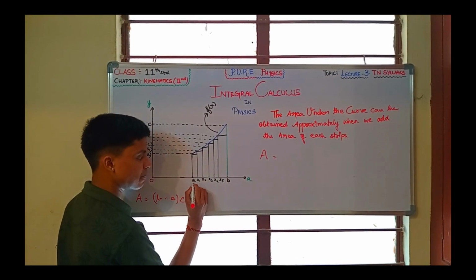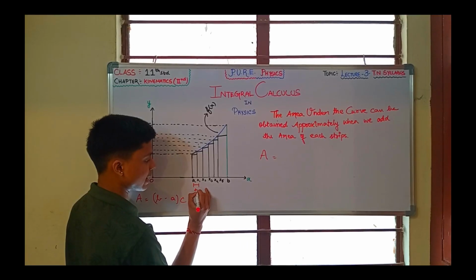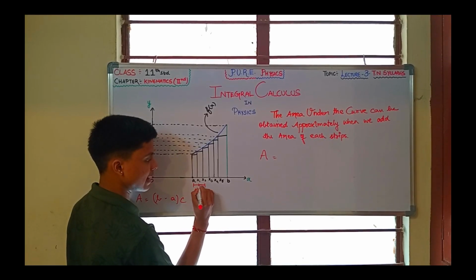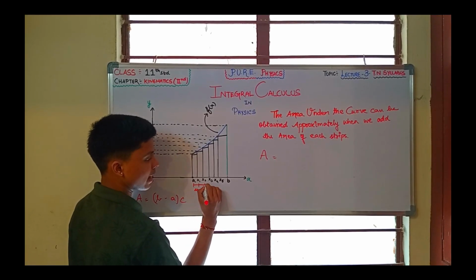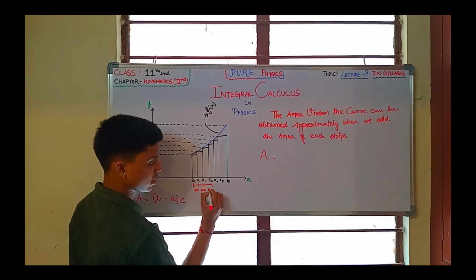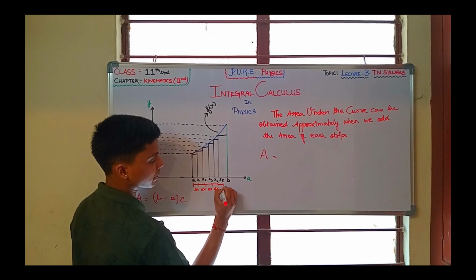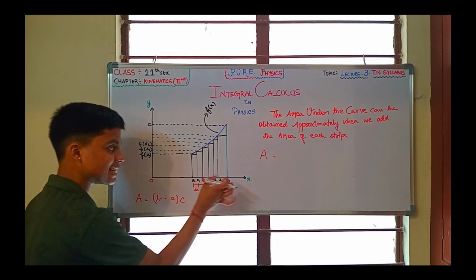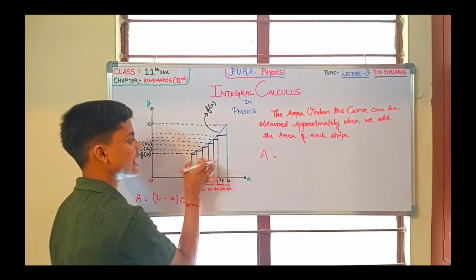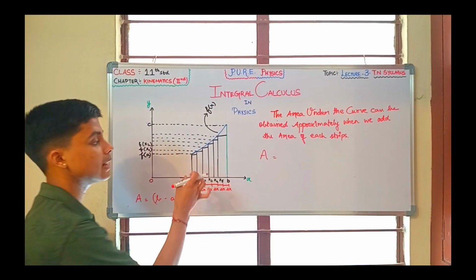The distance between point A and x1 is delta x, and again the distance between x1 and x2 is delta x, and the distance between x2 and x3 is also delta x, and it goes on like this till point B. So the distance between each strip is delta x because the strips are evenly distributed.